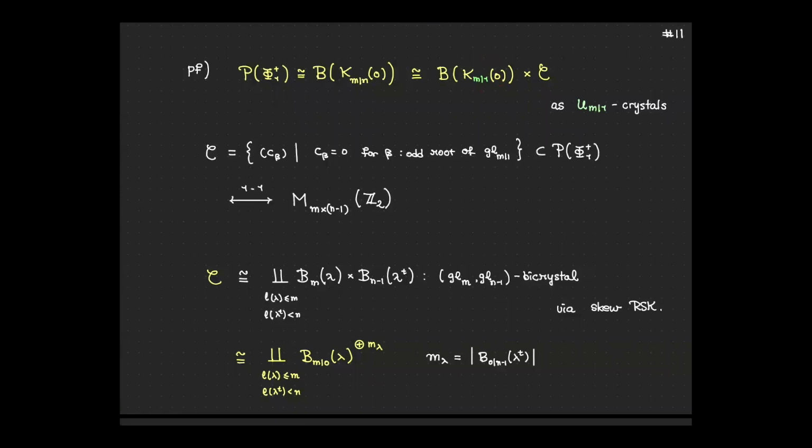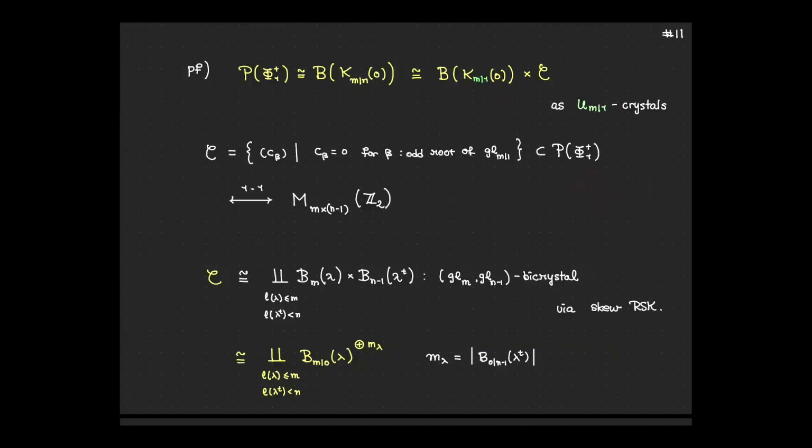So it is naturally in one-to-one correspondence with, okay, so this means that in the example here, we consider those kinds of arrangements of odd root vectors. So this set C consists of the elements where the first column is trivial.